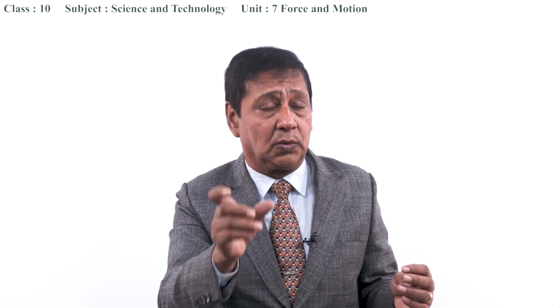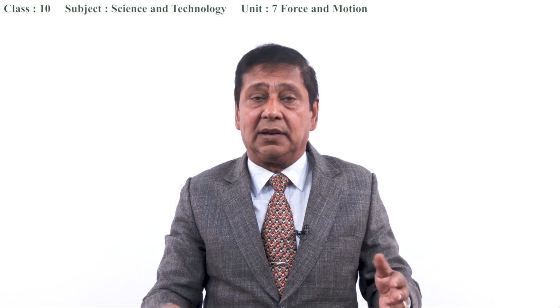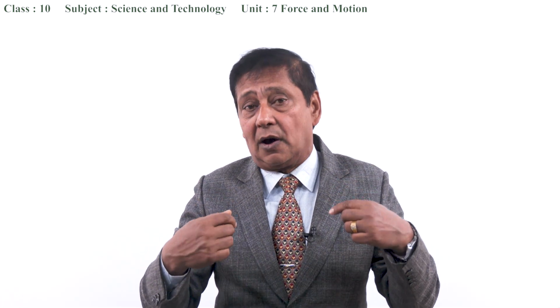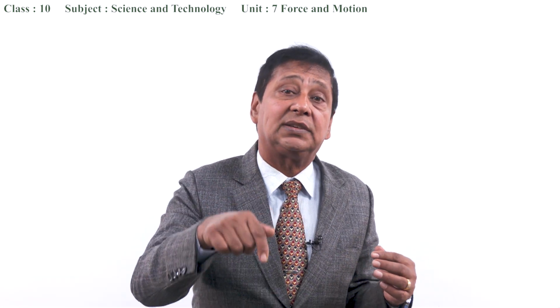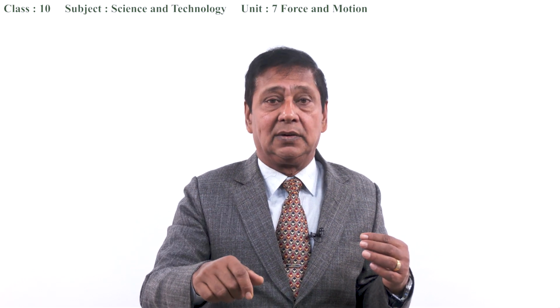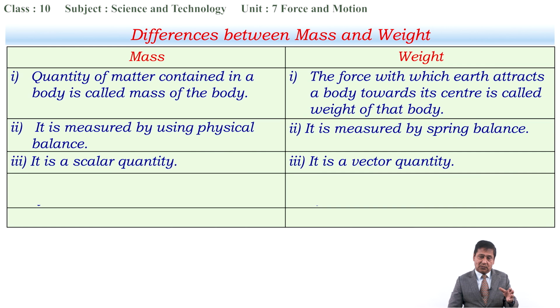Weight is the force with which the body is attracted towards the center of the earth. That's why the direction of this 600 Newton weight is towards the center of the earth. That's why this is a vector quantity. Weight is a vector quantity, but mass is a scalar quantity.